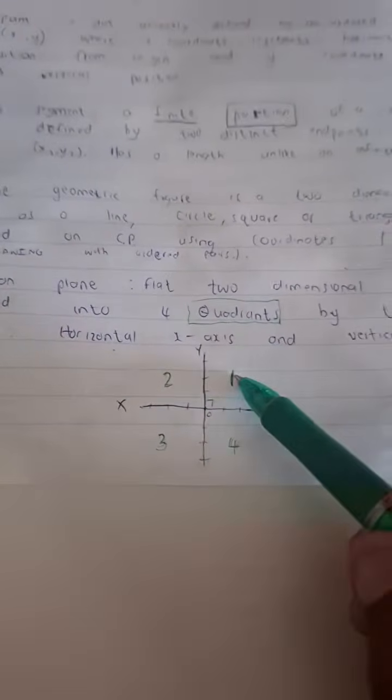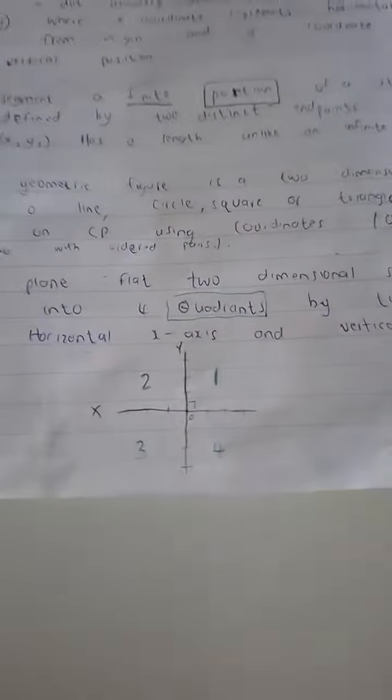This is what we mean by Cartesian plane. Then we have it divided into 4 quadrants in an anti-clockwise direction: quadrant 1, quadrant 2, quadrant 3, and quadrant 4. Hopefully we are together so far and we are good.